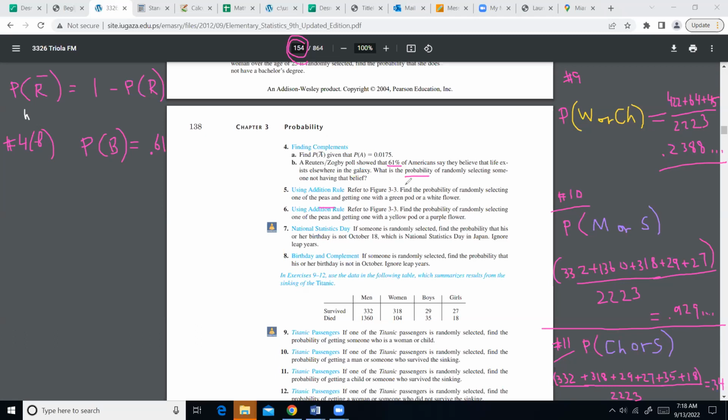What's the probability that somebody does not share this belief, or what's the probability of B with a bar, right? What's the probability of B complement here? And it's 1 minus P of B. So the idea is the formula above, it doesn't matter whether you have letter R or B or A, it's 1 minus that probability, and I get the answer 0.39.